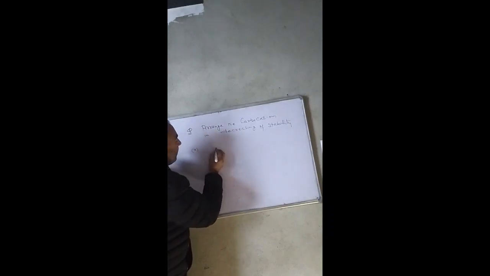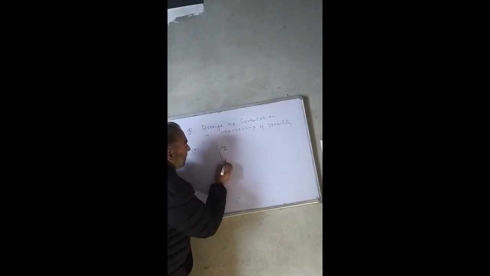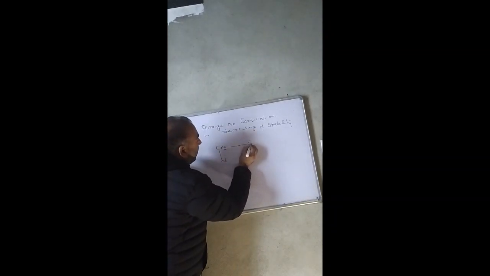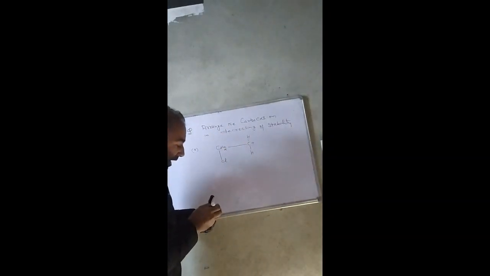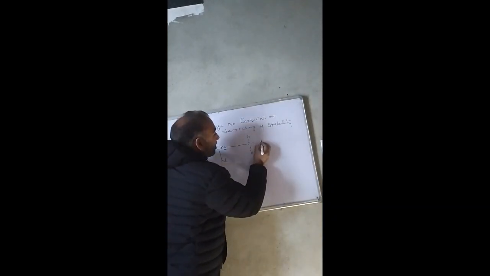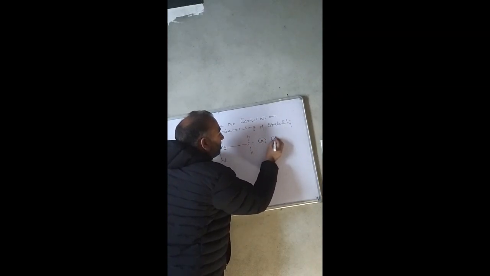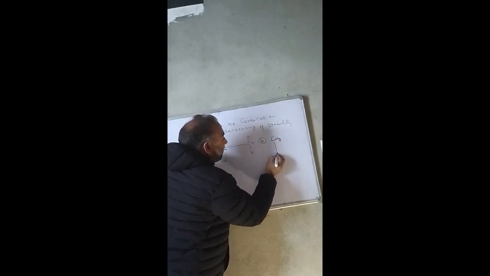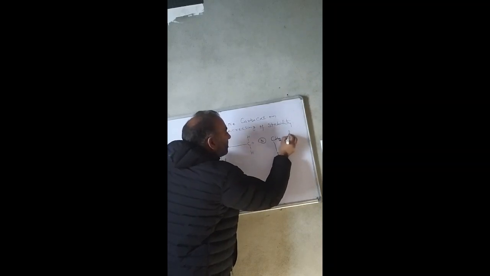Option A is CH2Cl, and this one is a primary carbocation. Option B is CH2F, then again CH2 with positive charge. Both of them are primary carbocations.